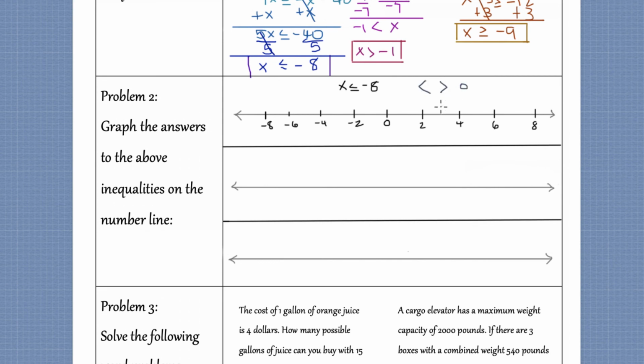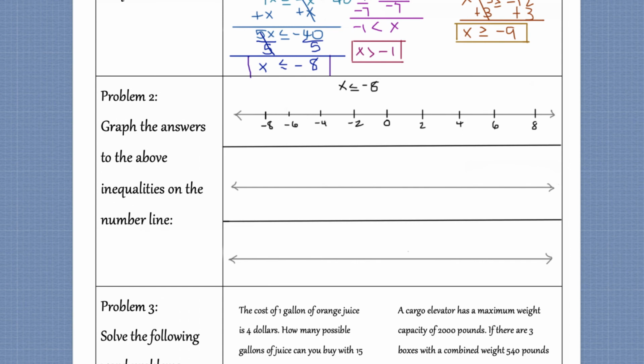But when our sign was less than or equal to or greater than or equal to, we used a closed circle. So if we look at this one over here, this one is a less than or equal to sign. It has that equal to part in it. So that means that we're going to be using a closed circle to mark our area.